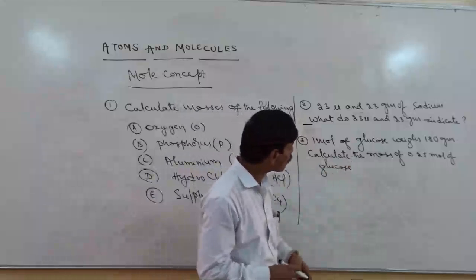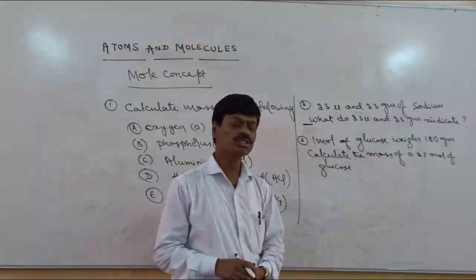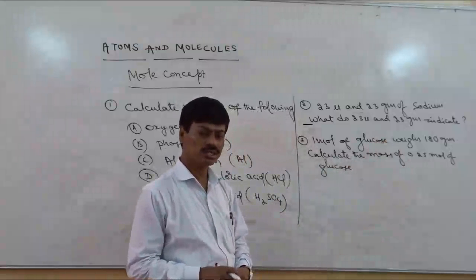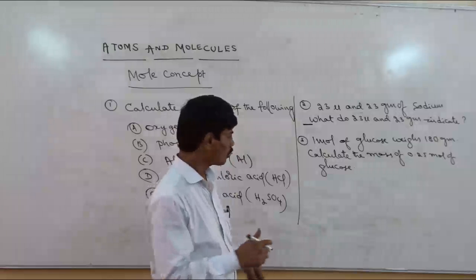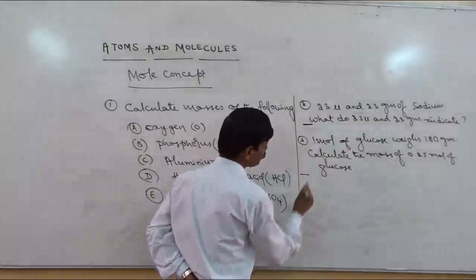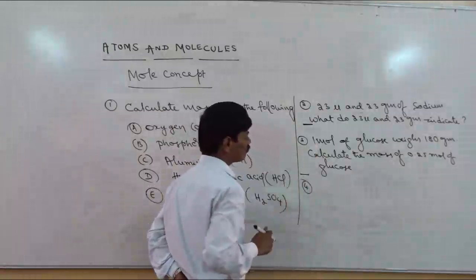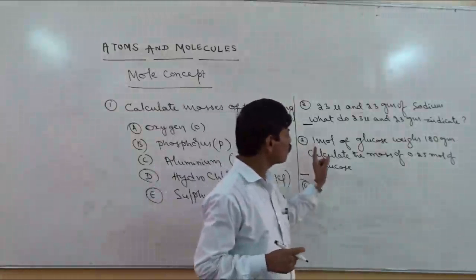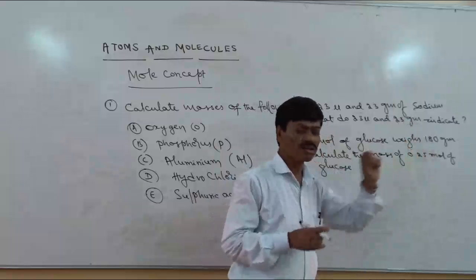That means 1/4 part of 180: 180 into 0.25, or 180 into 1/4. This is the numerical where mole and molar mass are related.